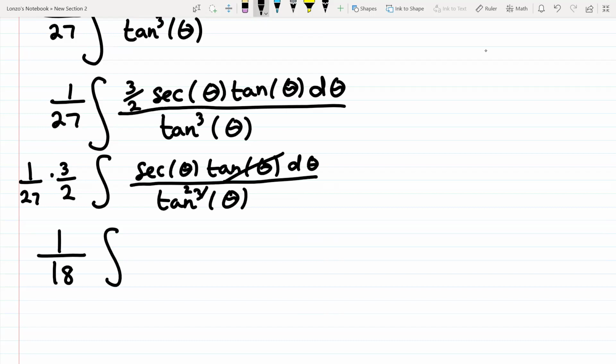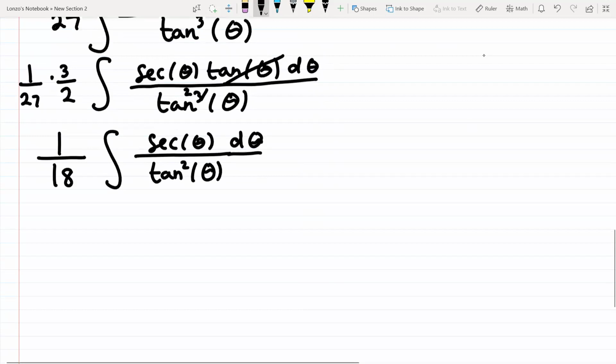And then you're left with secant theta over tan squared theta d theta. And then simplify this. So let's put it in terms of cosine and sine.